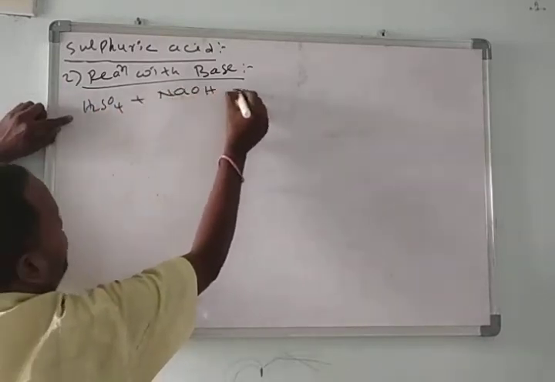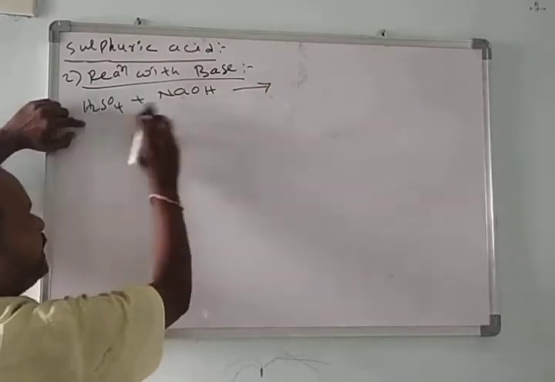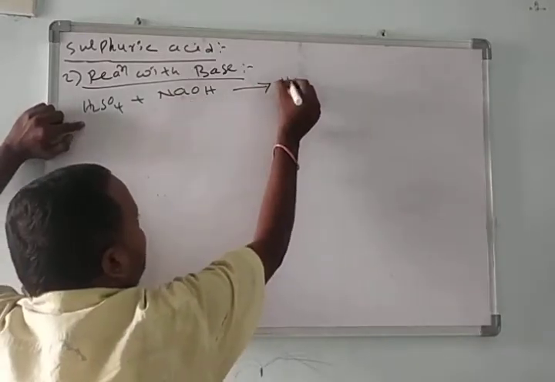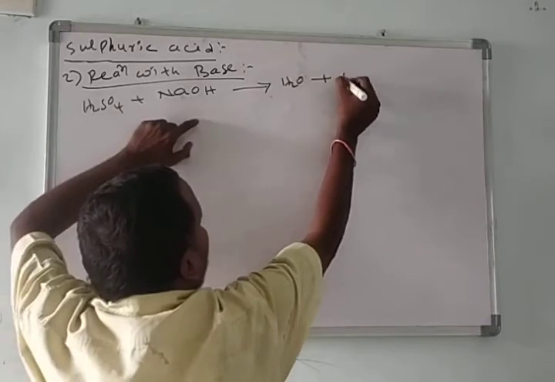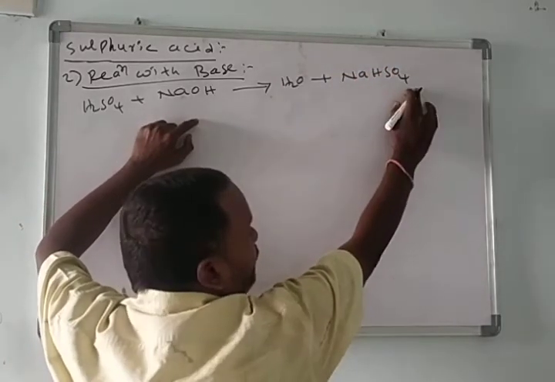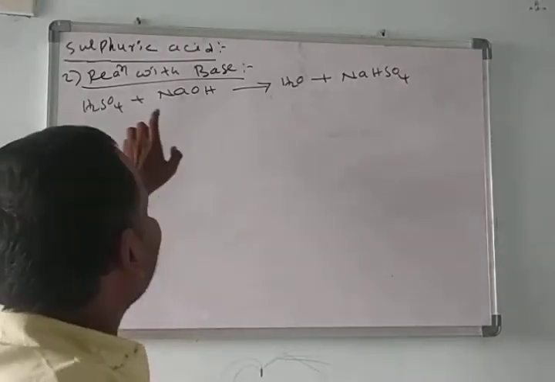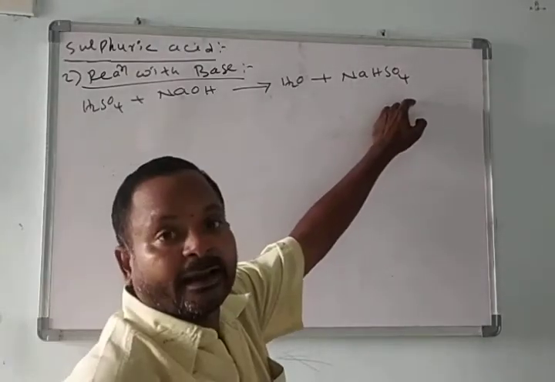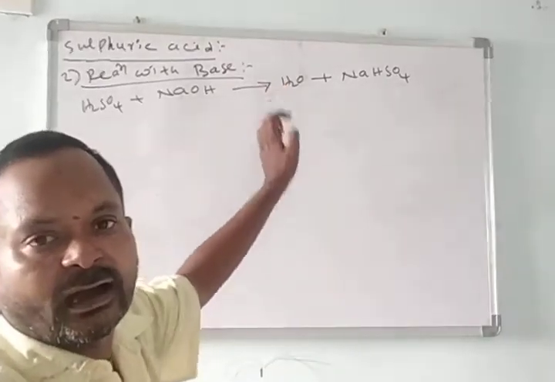With the first mole of base, what happens? It releases an H plus ion, which combines with OH and releases a water molecule. NaHSO4 is formed. What is the name of this one? Sodium bisulfate. Already I said, ic acid gives the ate salts, and ous acid gives the ite salts.